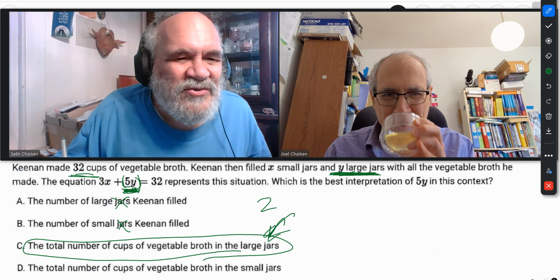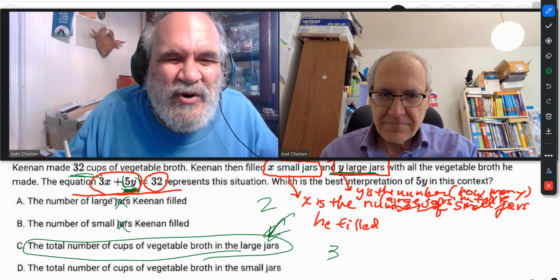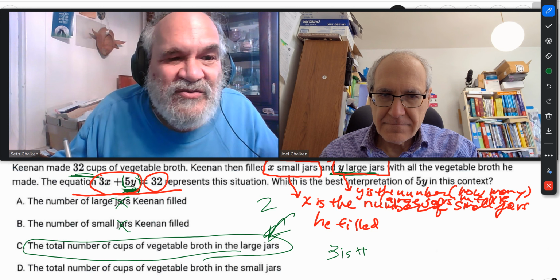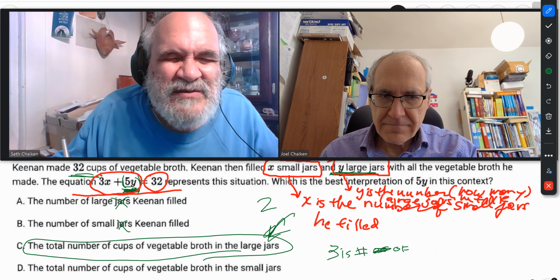And the situation is that there is a 32 cup quantity of broth. So then you think about this: 3x is the amount of broth in the small jars, and 5y is the amount of broth in the big jars.